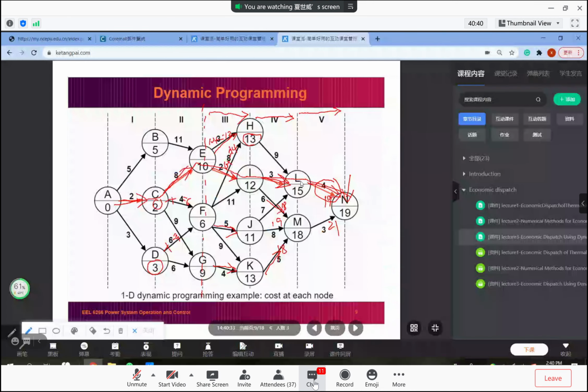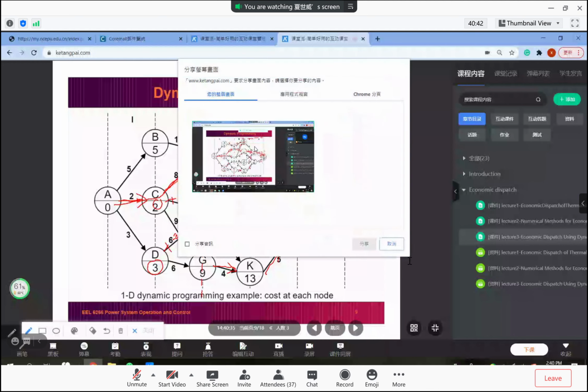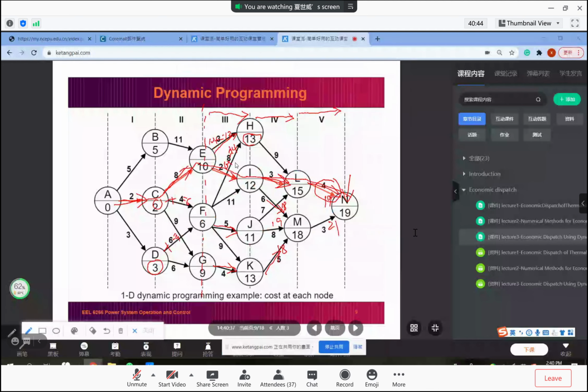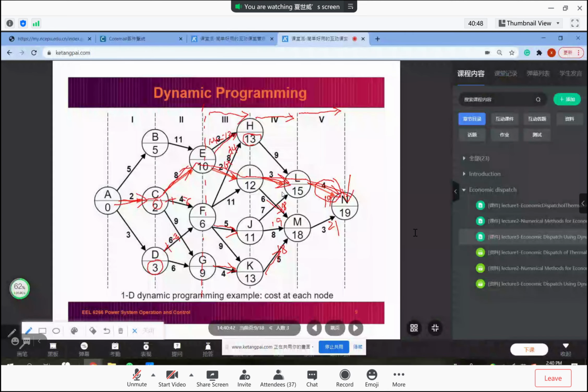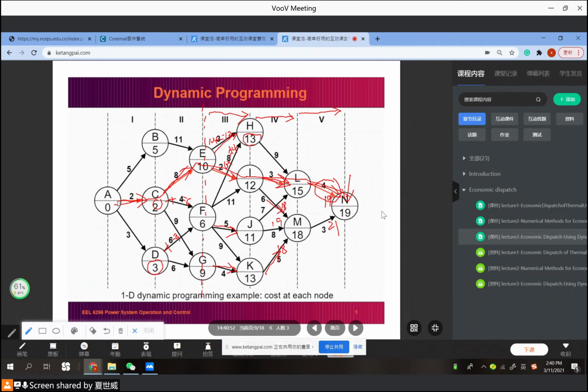So any question for this part? I just showed you how to use dynamic programming to solve this mathematical problem. We start from A to N, and there are different paths with different costs. How to find the best path? We just solve the problem one stage and another stage and continue to the next stage.